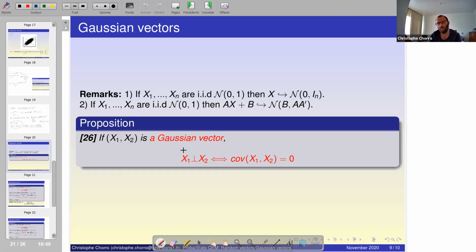If the covariance is equal to 0, I can't deduce a priori that x1 and x2 are independent. I gave you a counterexample concerning this point, and in list 8 of exercises you will have a little exercise where I show you how to build a pair of random variables with covariance equal to 0 that are not independent.